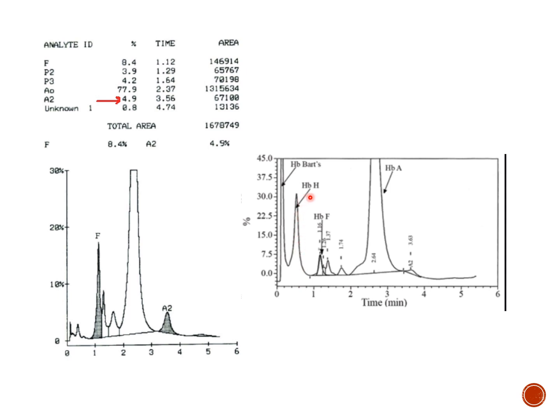It tells you this is the location of hemoglobin H, this is the location of hemoglobin Bart, and this is the percentage of each one. So you can make the diagnosis of hemoglobin H disease. If both of these are absent, and the hemoglobin A2 is below 3.5%, then the patient is either normal or has alpha thalassemia.